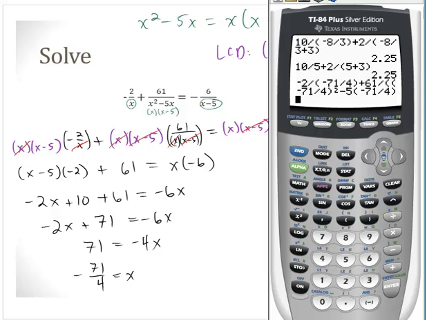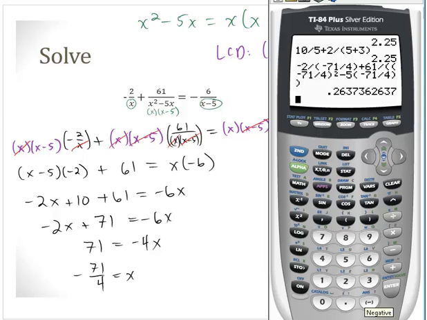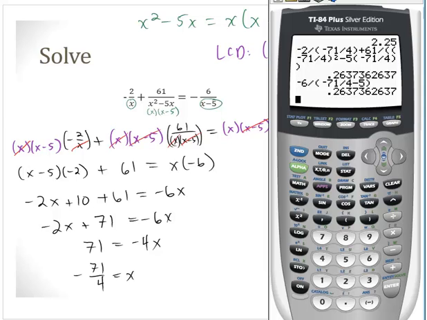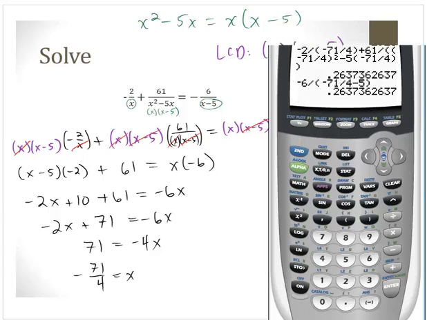Close the negative 71 fourths, close the denominator. Equals. Alright, so that's the left-hand side. I get that result. Now, negative 6 over x minus 5. Negative 71 fourths, subtract 5. Close off that denominator, and I got the same result on both sides. So I'm confident in my solution, negative 71 fourths.